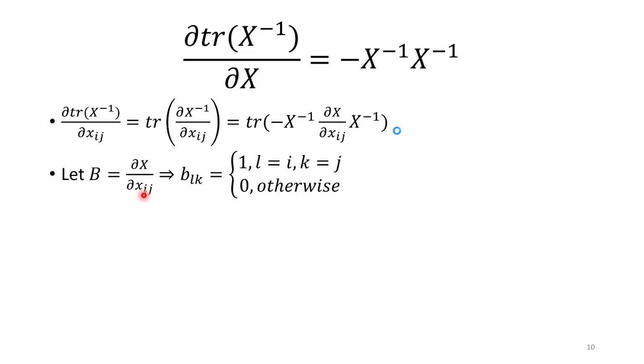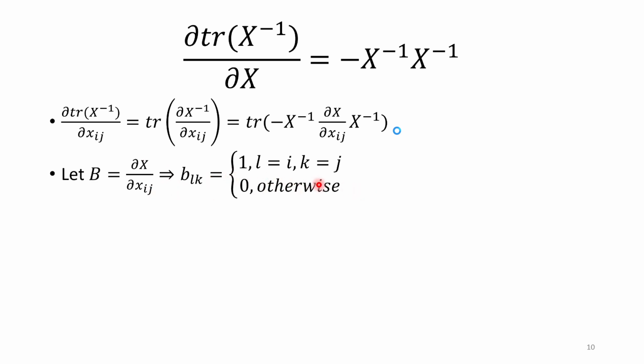We know that this matrix is all zeros except that the entry with index lk, where l equals i and k equals j, is 1, by the definition of partial x with respect to partial xij.